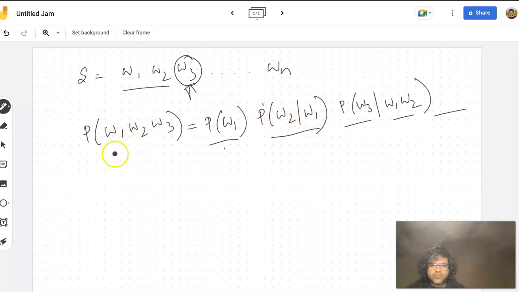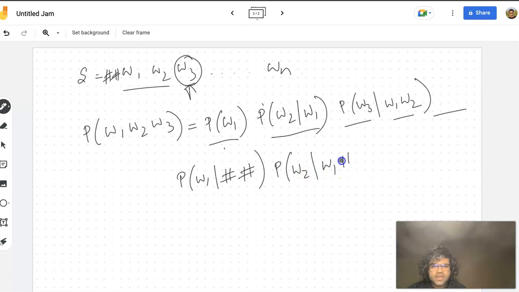To make it consistent, you can add two dummy characters, so you can write W1 given double hash, then W2 given W1 and single hash, and then the rest as it is. Basically this converts all the probabilities to trigram probabilities.